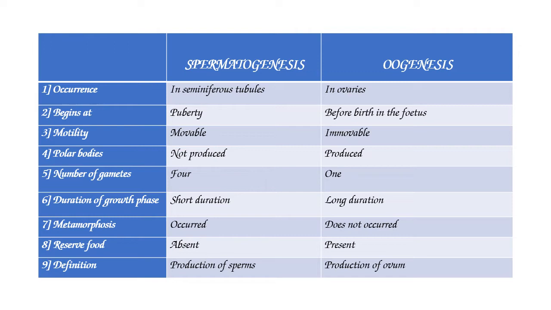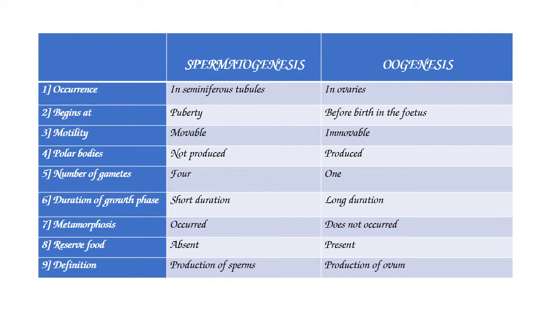Then metamorphosis, meaning transforming from one form to another. That is observed during spermatogenesis, in the process called spermiogenesis, transforming spermatids into spermatozoa. But such metamorphosis we cannot observe in oogenesis.